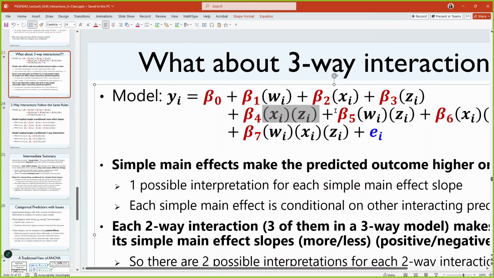Literally, if you made a new column in your data set that is X times Z and thought of that as a separate variable, then its effect in this model with a three-way interaction is conditional when W is 0. Without this three-way interaction, it would be unconditional though, because it's the only time that you see X and Z together. A little better?